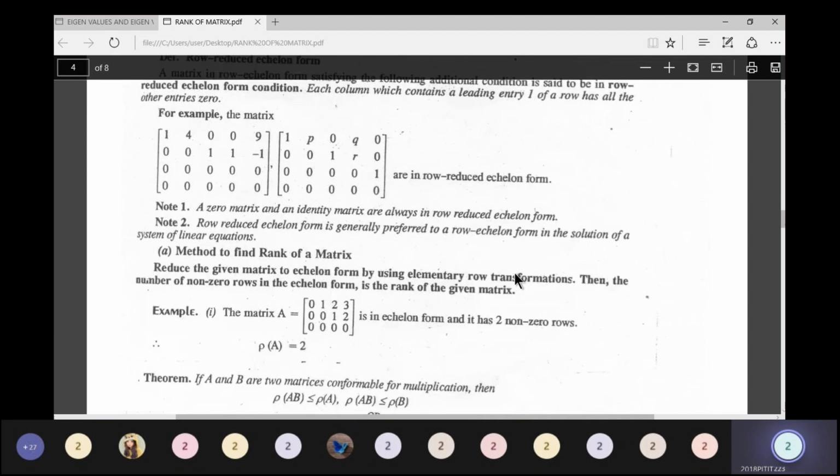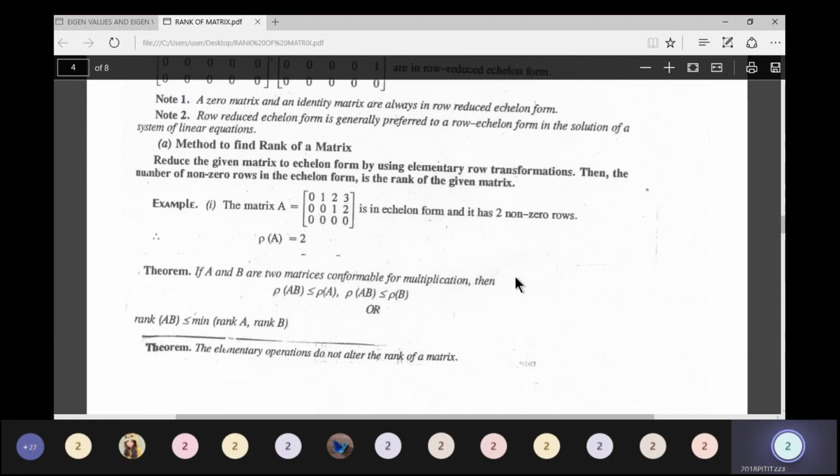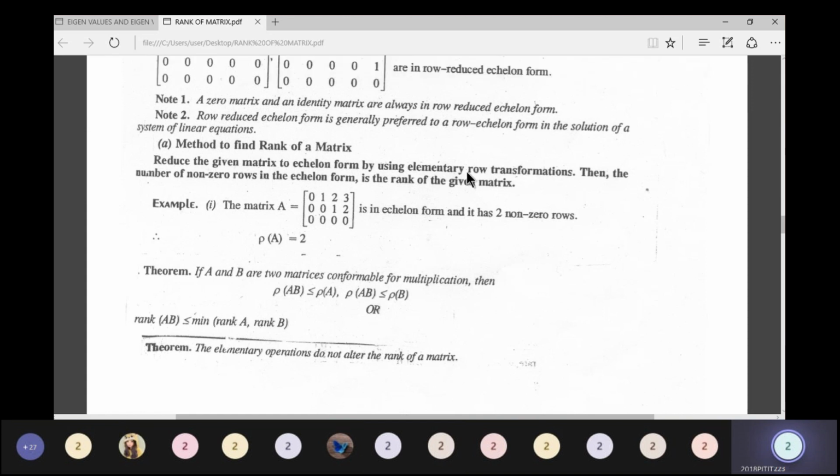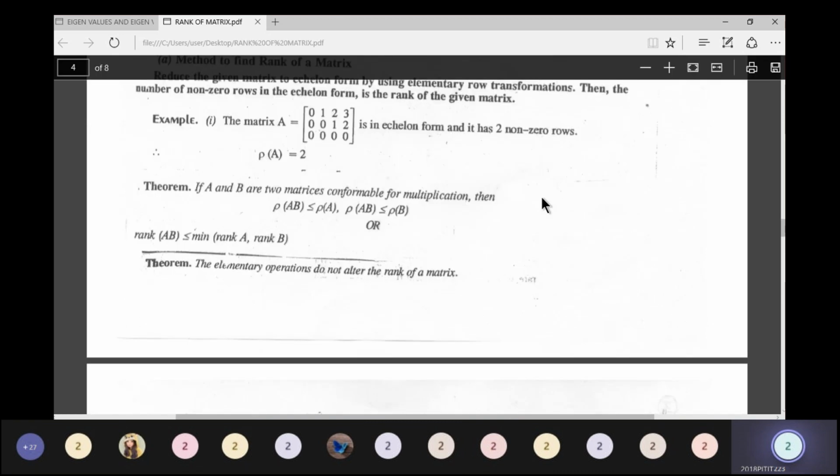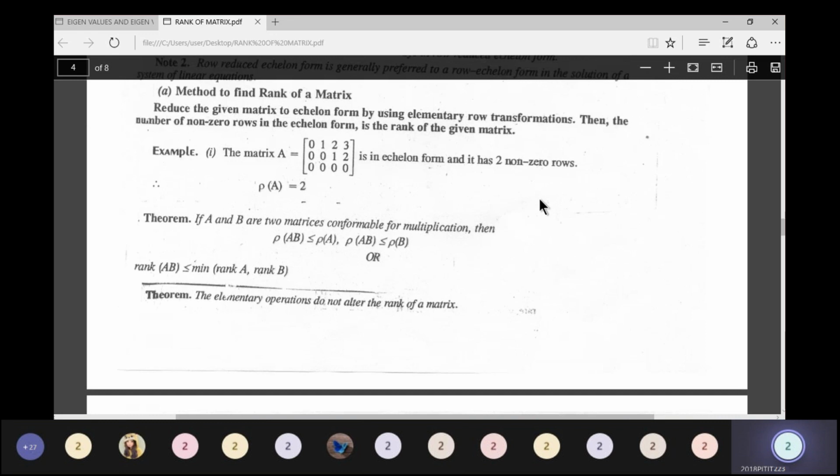So, the method to find the rank of the matrix using elementary row transformation. First, reduce the given matrix to echelon form by using elementary row transformations. Then the number of non-zero rows in the echelon form is the rank of the given matrix. So some results are there.